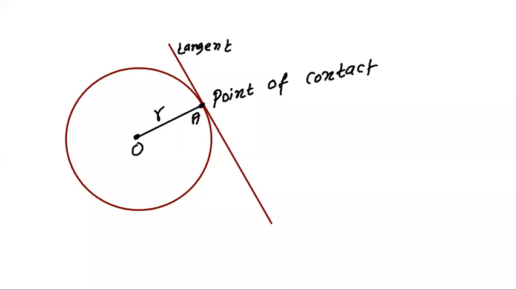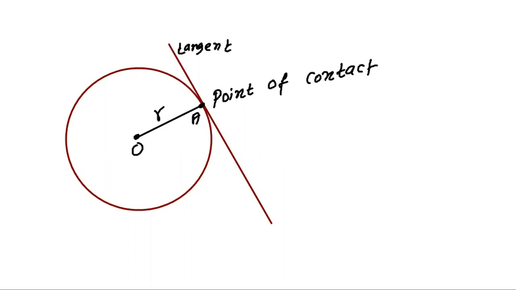Now we are discussing another important point from this chapter. Listen here. Here there is a circle whose center is at O, and through the point A, we have drawn one tangent. So there is a tangent which touches the circle at the point of contact A. I think it's clear for you.